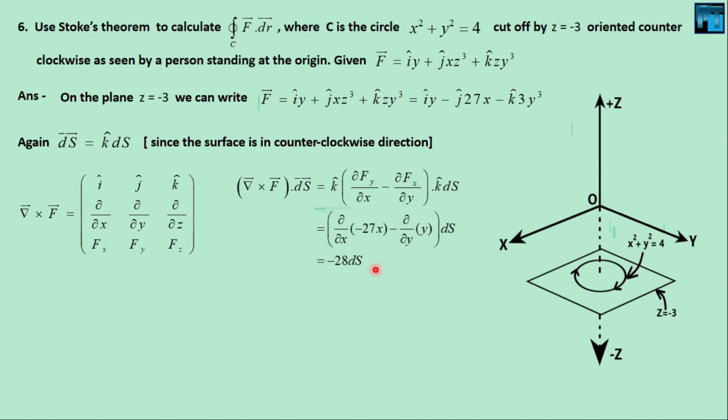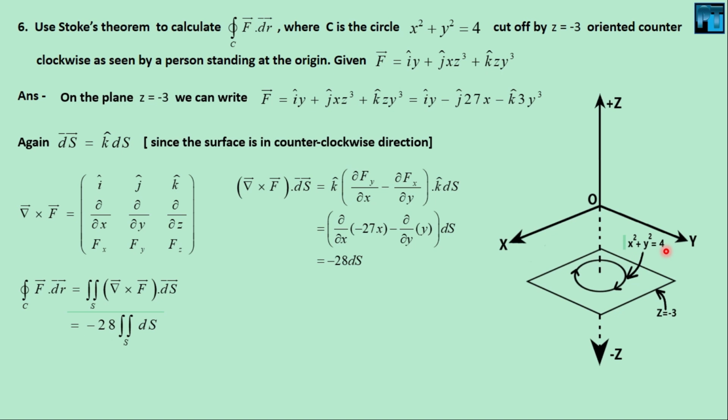Clear that? Okay, now let's apply the theorem. We have minus 28 open surface integral dS. Now what is the surface integration? It is actually a circle of radius 2. So what is the formula of the area of the circle of radius 2?